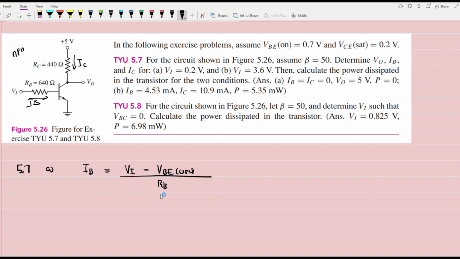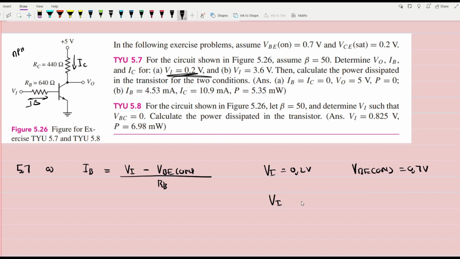Before we do the calculation, we have to check if VI is greater than VBE. VI is 0.2 volts, and VBE on is equal to 0.7 volts.